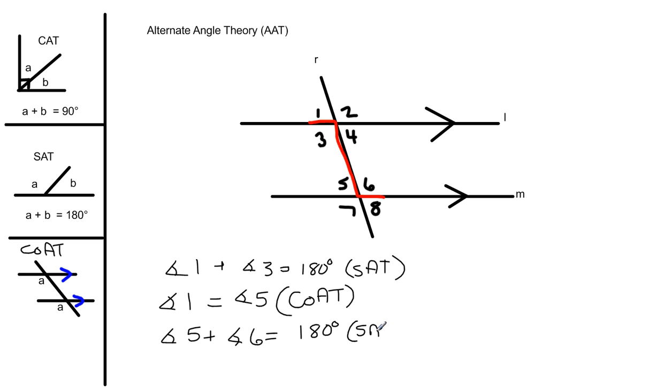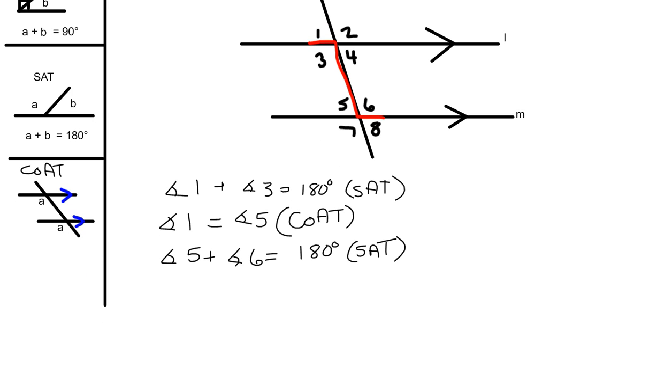Therefore, because I know all this, I can sub angle 1 in on this line. Therefore, angle 1 plus angle 6 equals 180 degrees. Why? Because I can sub angle 1 in for angle 5 thanks to this. I know that they're equal in value.